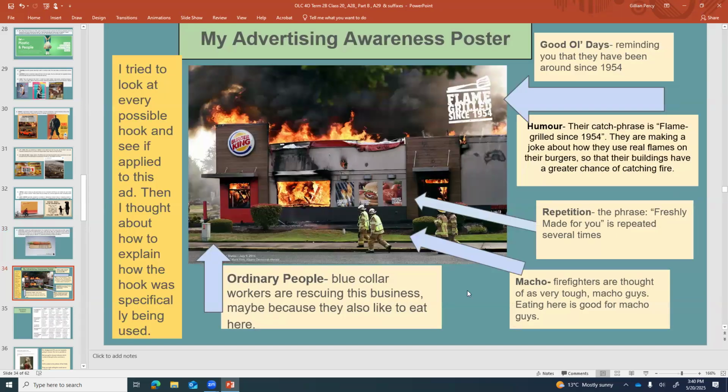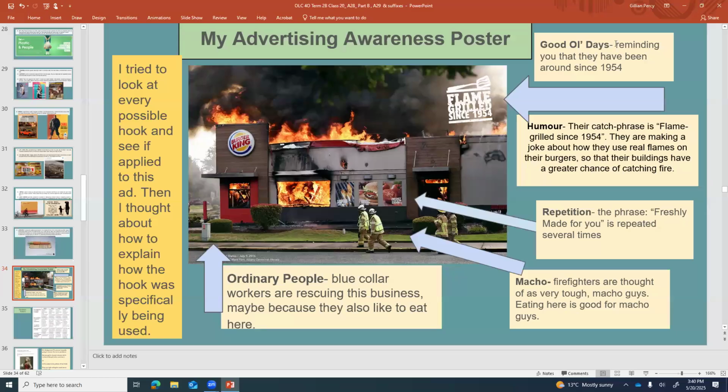So here's an example of what that poster might look like. I grabbed the Burger King one, and I tried to think of every possible hook that might apply. You don't want to do just one, because they're trying to appeal to different people. Some people might be hooked in by ordinary people.